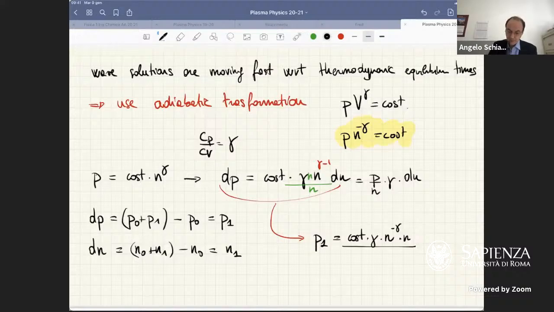Okay, so we can simplify our notation, going from this term into gamma P0 over n0 times n1.